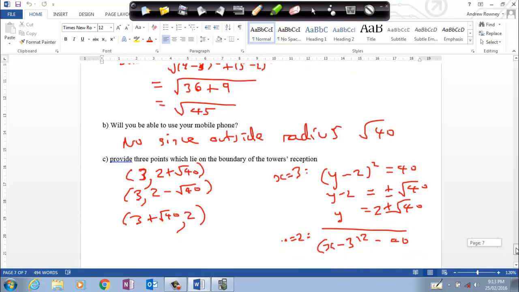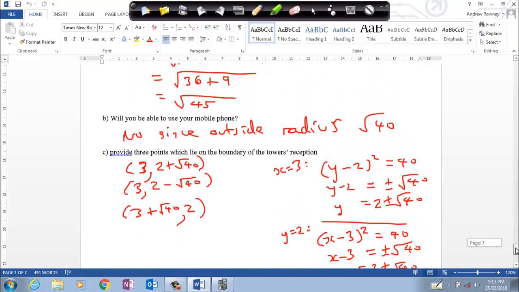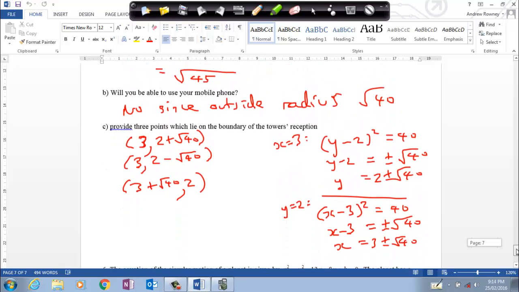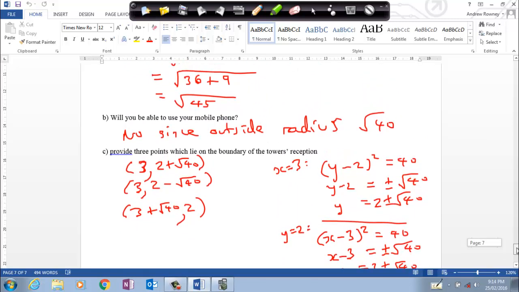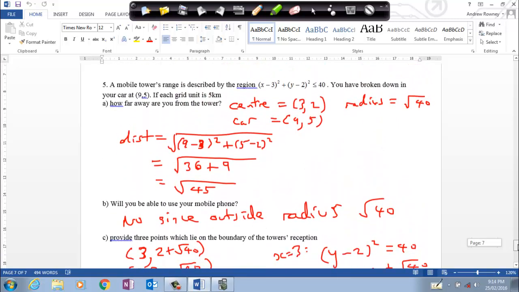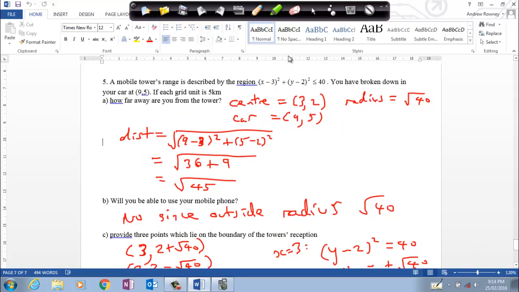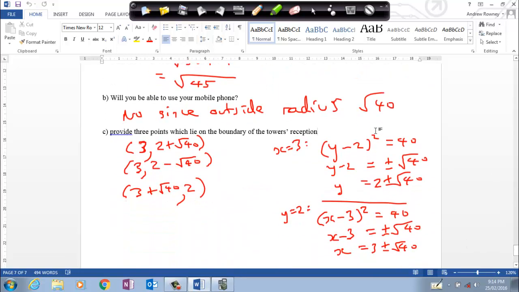And you've got to provide 3 points that lie on the boundary of the mobile reception. One easy way of doing that is if x is 3, that'll make that 0, and you solve for y. So if you put x is 3, you get that equation, and you then get y equals that. So these are 2 points, (3, 2 plus root 40) and (3, 2 minus root 40).